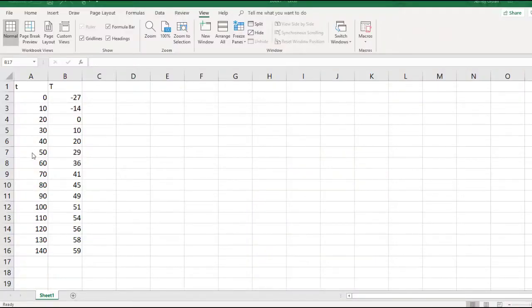The times are down the first column, starting at T equals 0, where I measured the temperature at negative 27 degrees Fahrenheit, and every 10 seconds thereafter until I got to 140 seconds.